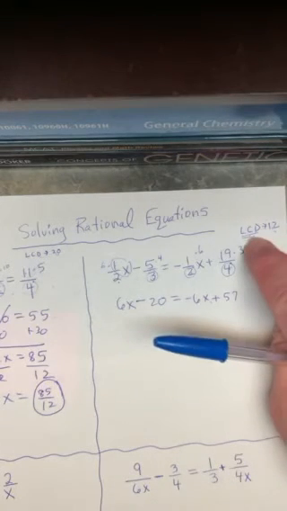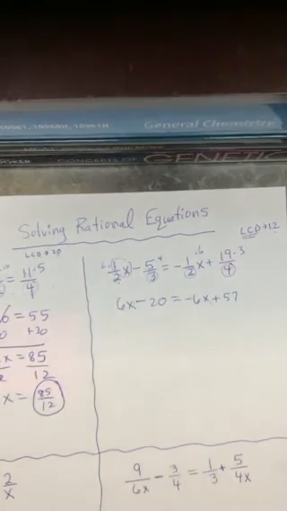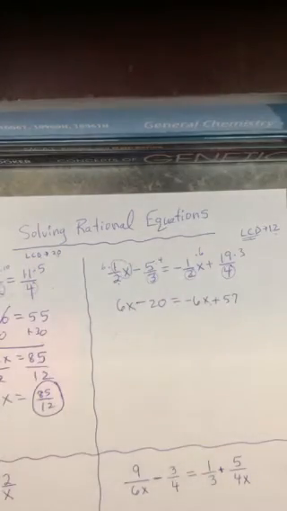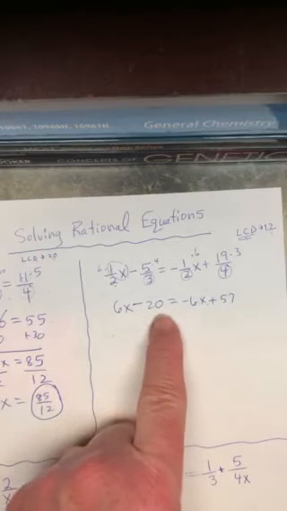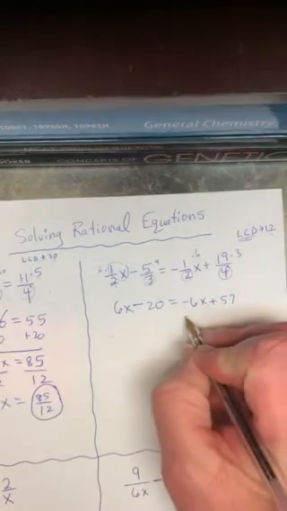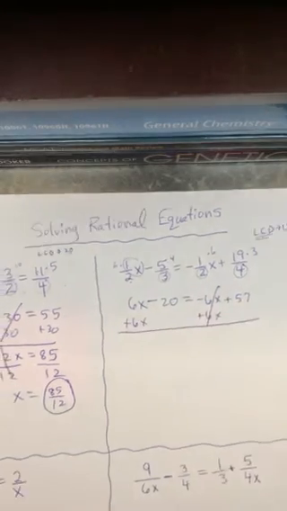So by deciding on your least common denominator, and by deciding what to multiply each fraction by, you end up canceling and getting rid of all the denominators. They disappear automatically, and I get an equation that looks like an Algebra 1 problem. So do you agree at this point I would add over the 6x? Those cancel.